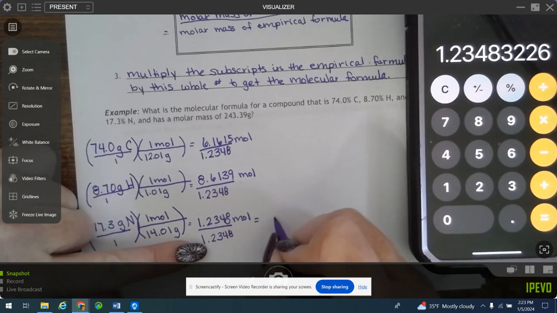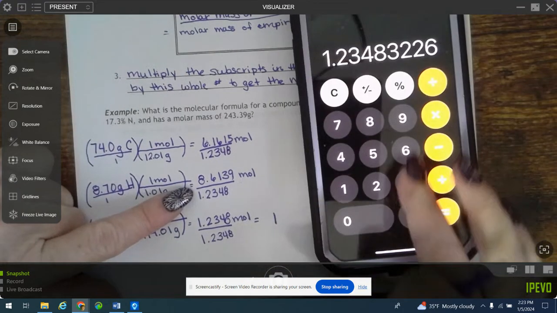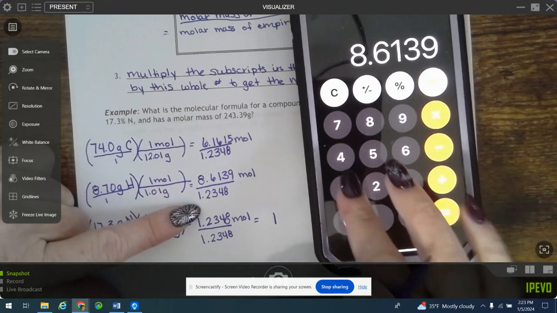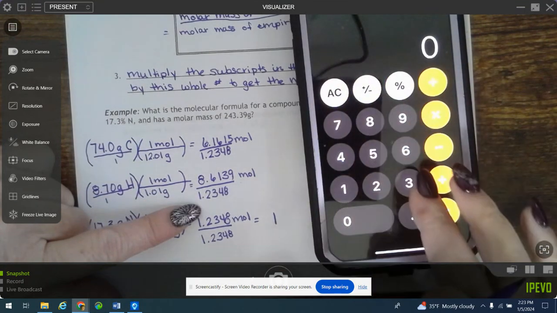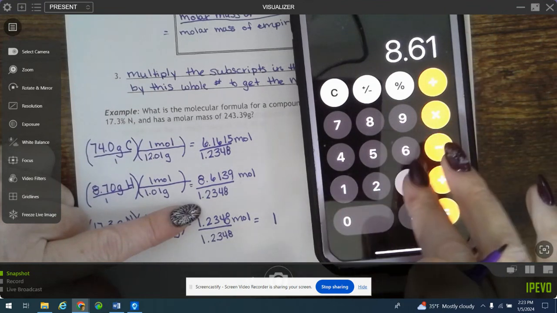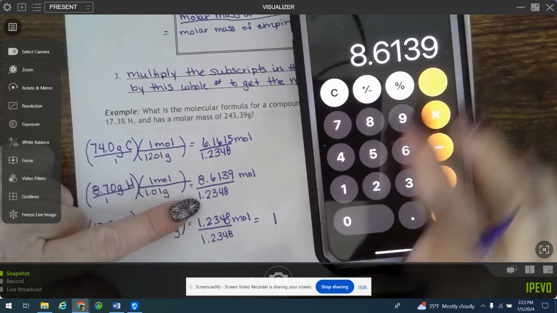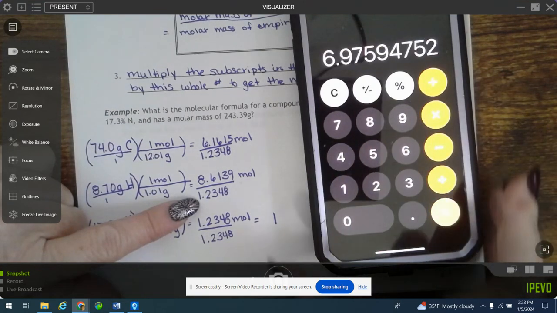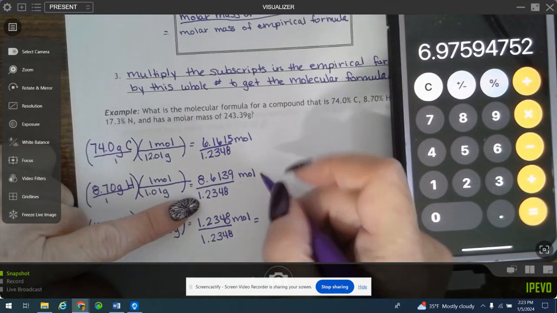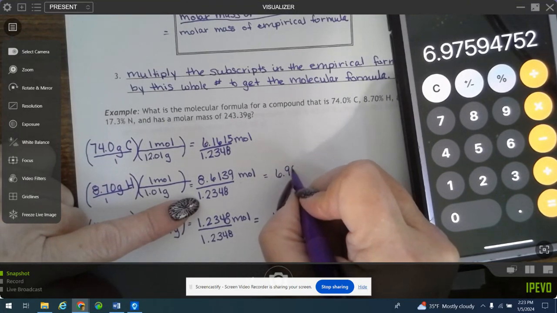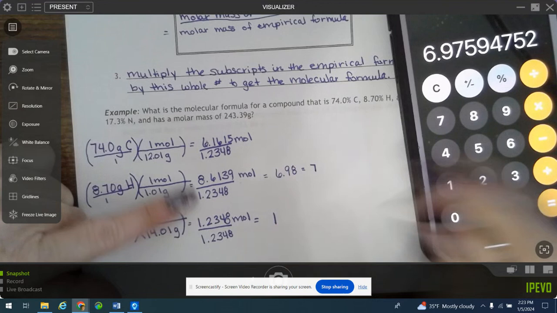So this is going to equal 1. 8.6139 divided by 1.2348 is 6.98, which is close enough to 7.